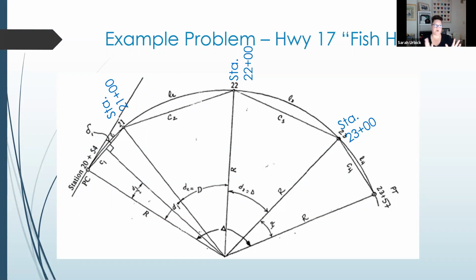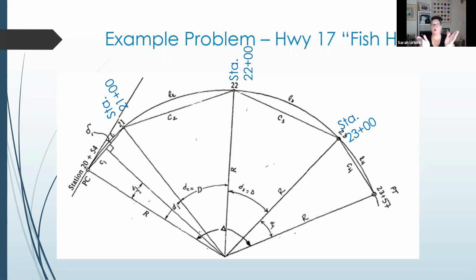So if we talk about breaking this into 100-foot segments, we've got 3 segments and then one little sliver of 3 feet. Not quite. If we break it into segments between stations, we're going to have from station 21 to 22, 22 to 23, and then the 2 slivers on the side.